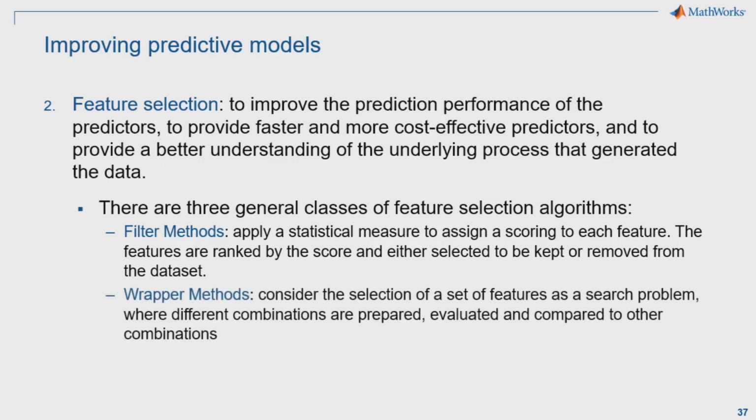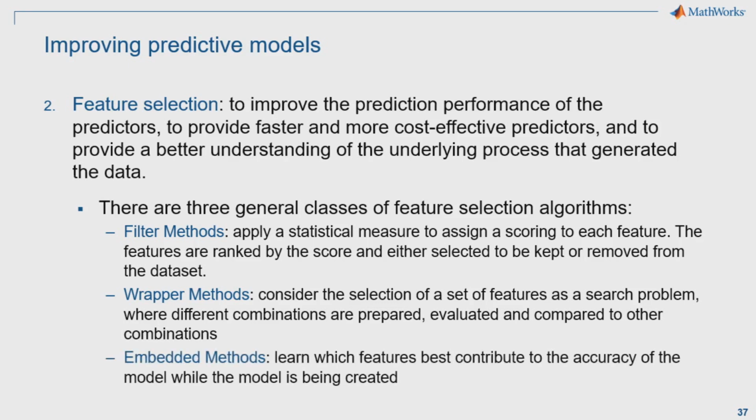There are the wrapper methods. Wrapper methods are those that set your feature selection problem as a search problem, and in particular they try to test different combinations of your attributes in order to find the best combination for your model.